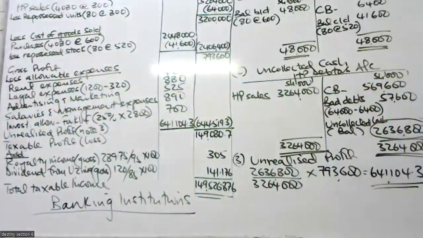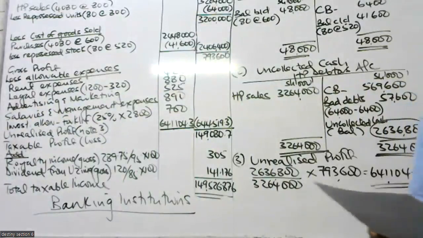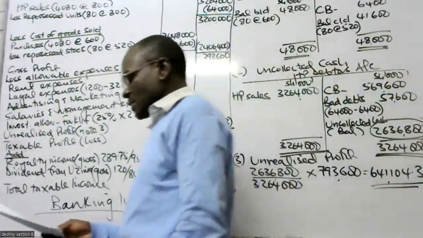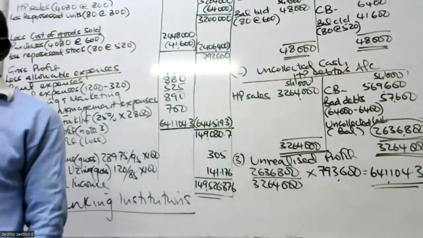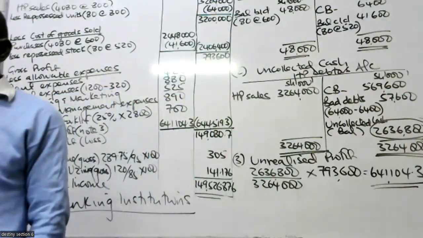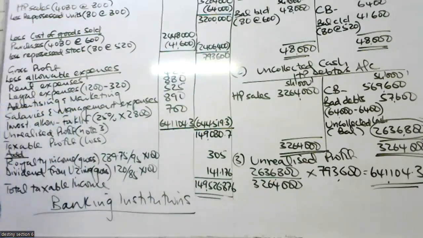So we say banks usually invest in government treasury bills and bonds.